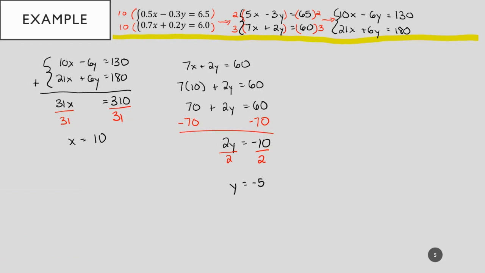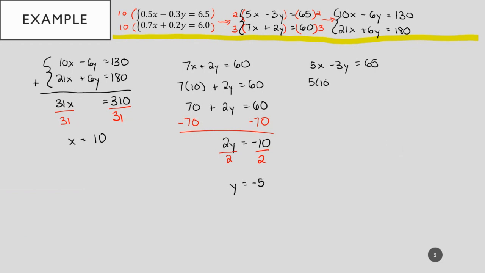Now it's good practice to check your answer, and you can do that by plugging your x and y into the other equation. I used the 7x plus 2y equation, so if I plug those values into my 5x minus 3y, that is a good way to check to make sure I did everything correctly.